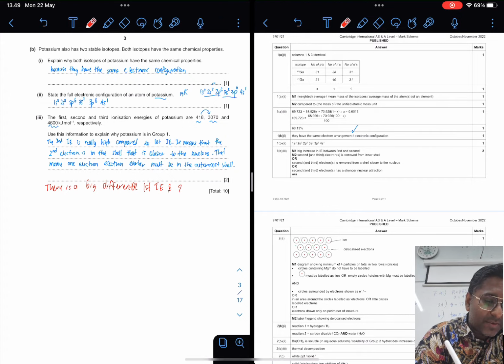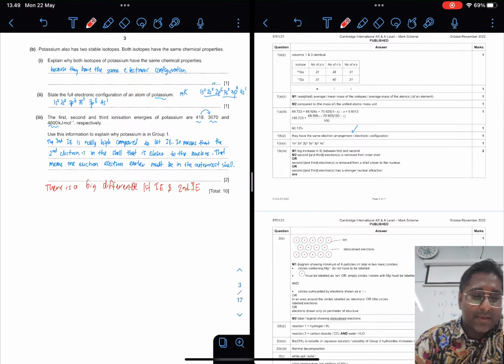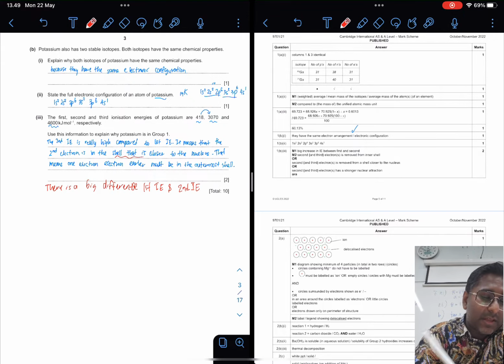I think this is a much better way to put it. And then they say the second electron is removed from the inner shell. I used the term shell that is closer to the nucleus, meaning inner shell, still okay.